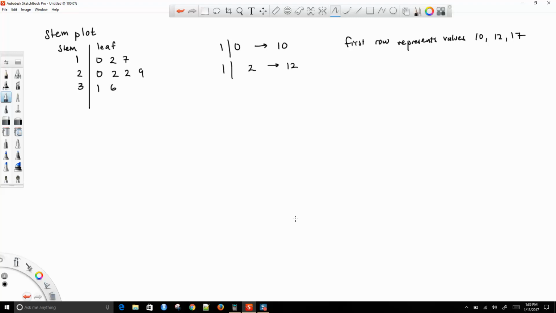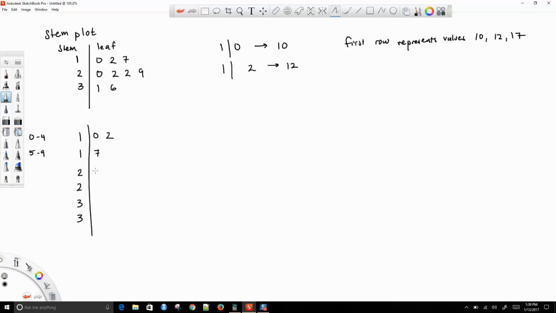If you have lots of data, you can further split it. You can say the first row will be 10 through 14, and the second row will be 15 through 19. So in this case, we would have 10 and 12, and then the 17 would drop down here.